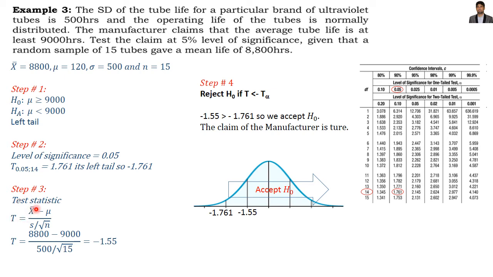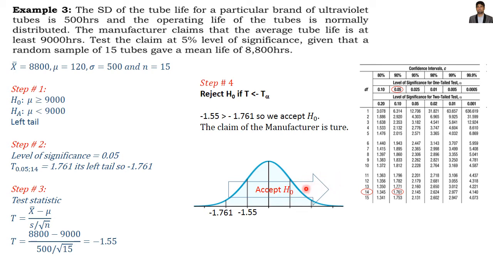T is equal to x bar minus mu over s over root n. Put here all the values, we will get minus 1.55. So graphically, minus 1.761 lies here. If the value of test statistic falls in this region, it means that the claim of the manufacturer is true.